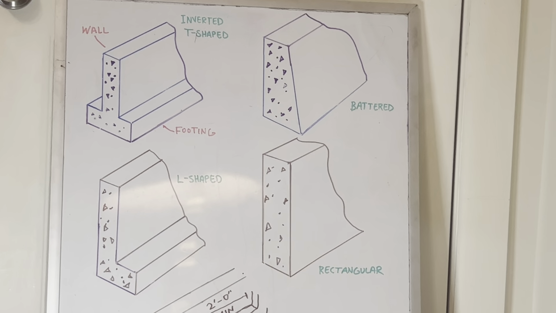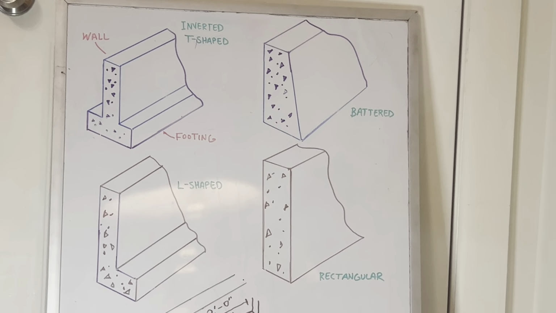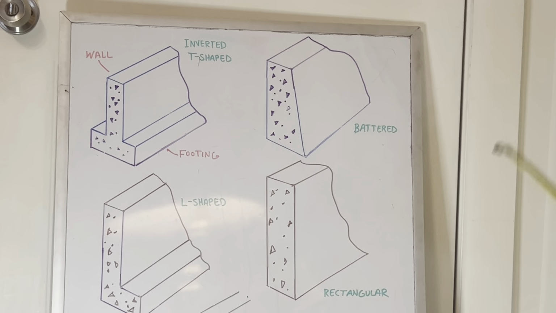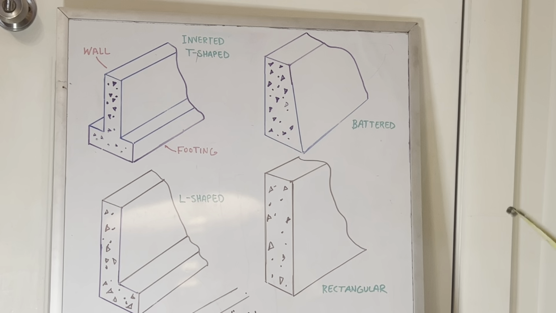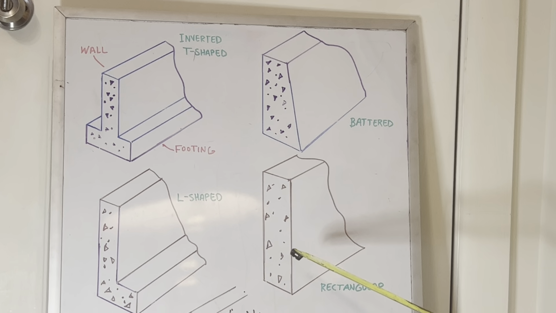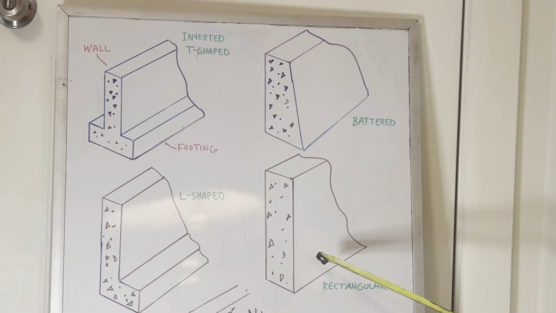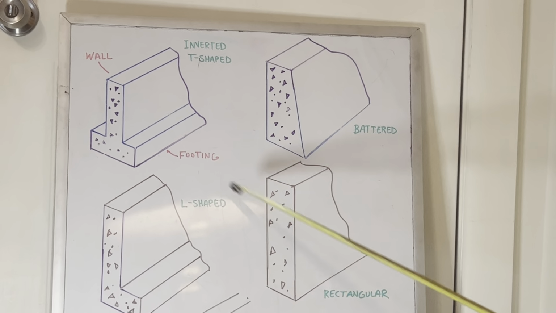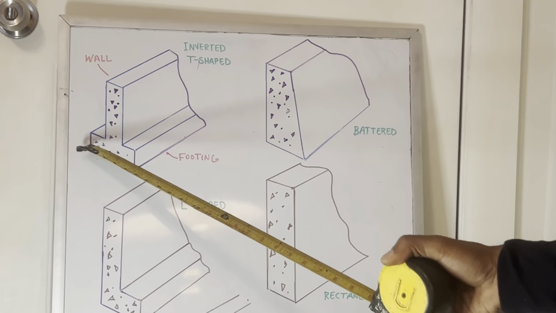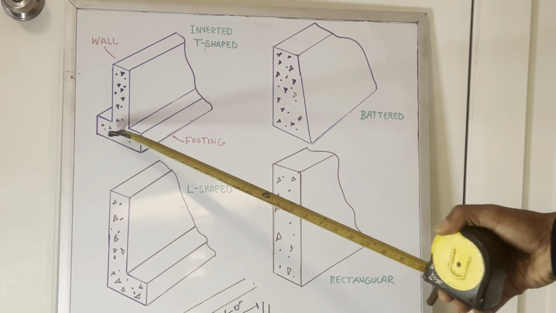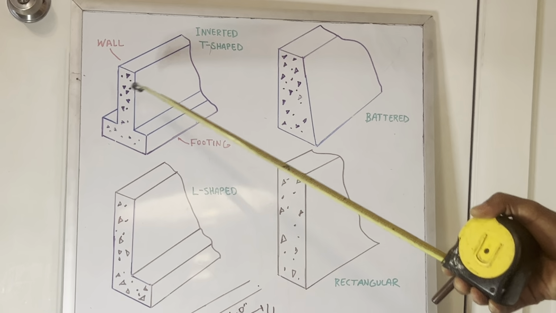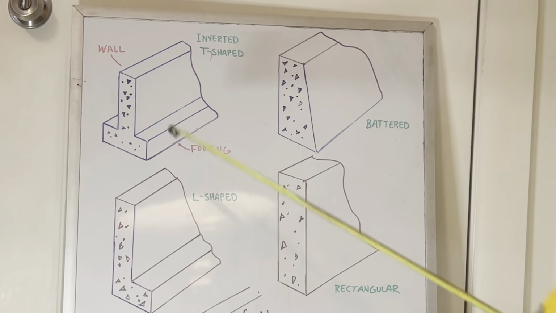A rectangular foundation designed for light wall loads and firm soil conditions has uniform wall thickness over its entire height. So this is our rectangular foundation. As compared to what I was talking about earlier, if we remove our footing, all this is a rectangular foundation, okay?